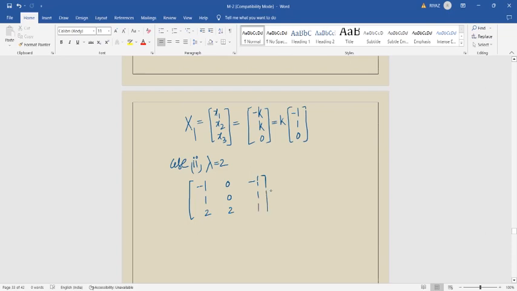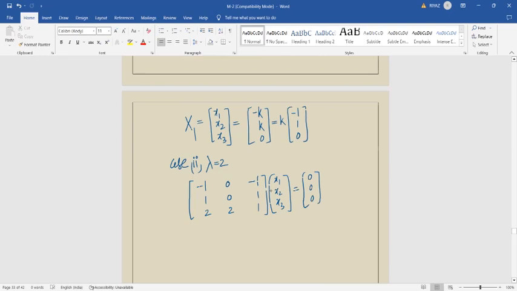So in this case, we have assumed the same x1, x2, x3 as the corresponding eigenvector, which is equal to 0, 0, 0. Once again, we should convert the matrix on the left side to echelon form.